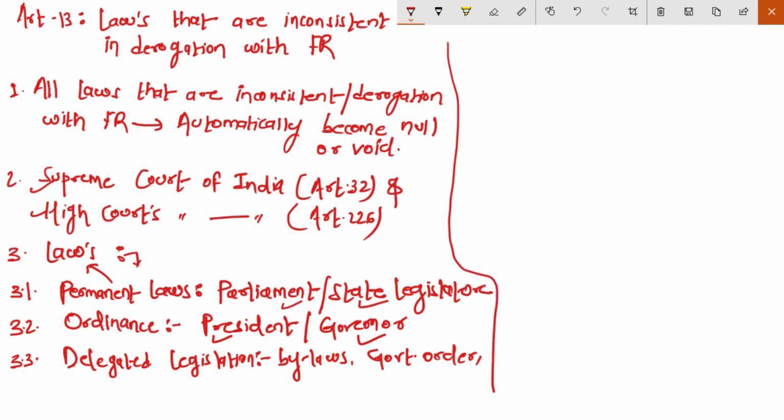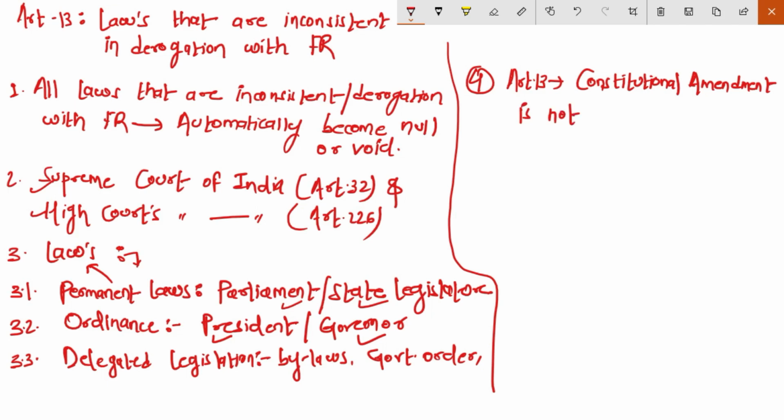Next point is very important under Article 13: the constitutional amendments which have been done by the parliament are not a law.